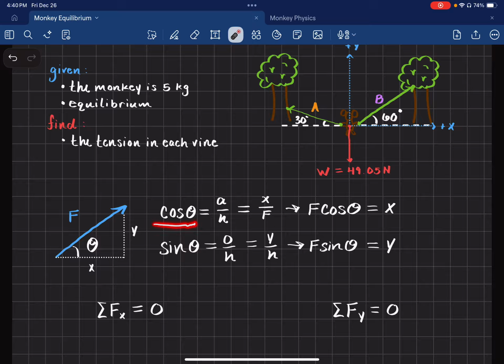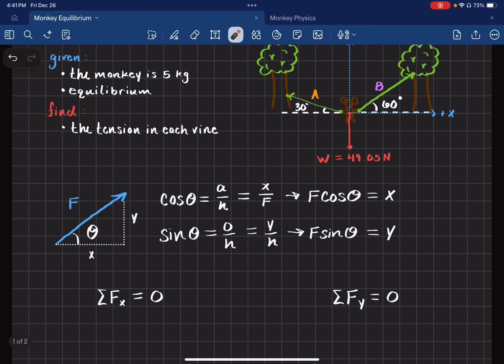Cosine of theta is adjacent over hypotenuse. The adjacent would be x, the hypotenuse would be F. You would multiply this up and you would get that the x component is F cosine theta, and you would do the same method for sine theta. So the x component of this force is F cosine theta, and the y component is F sine theta.